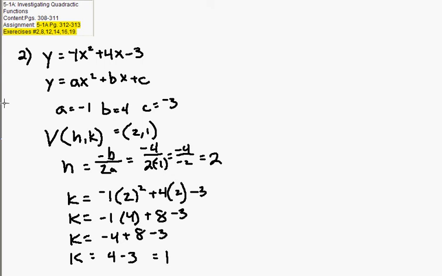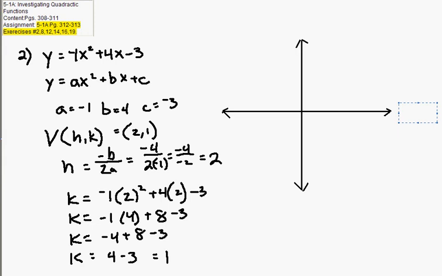So if I were to draw this, here's my x-axis, my y-axis. So I'm at 2 comma 1. There's my vertex.